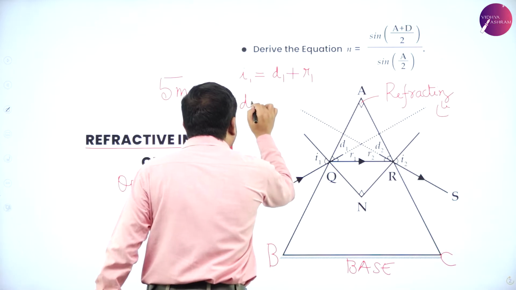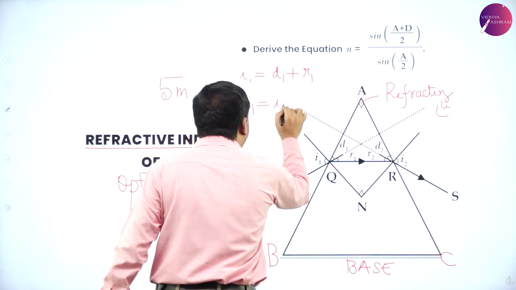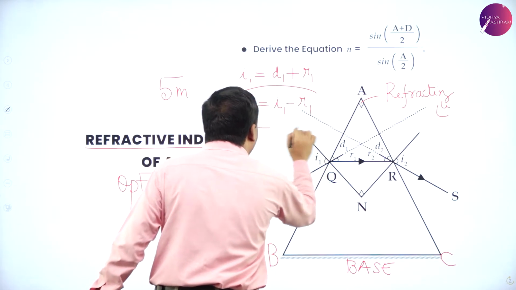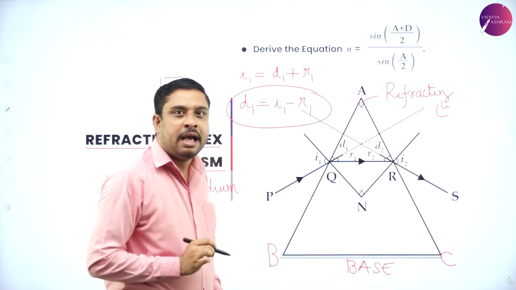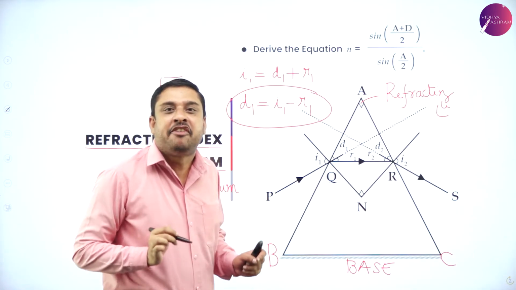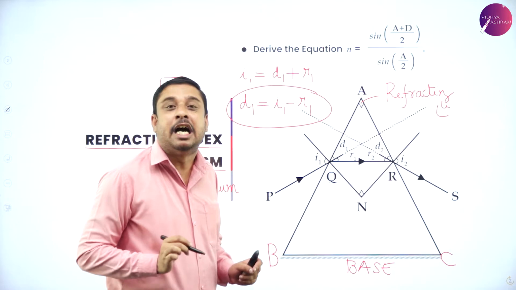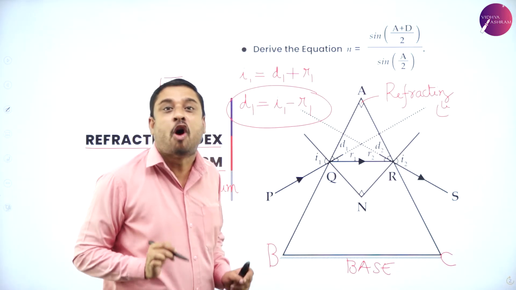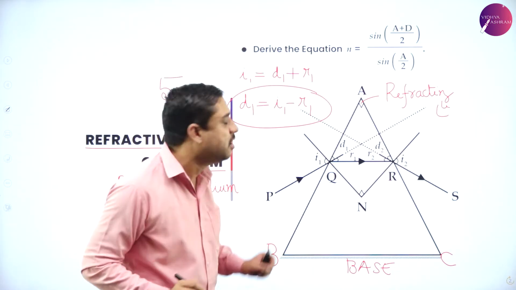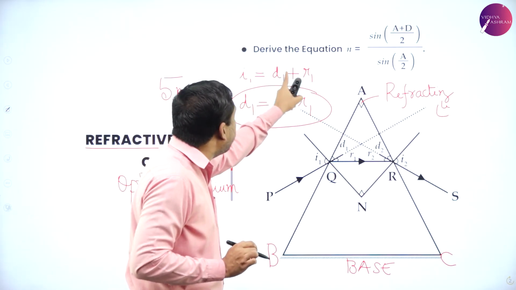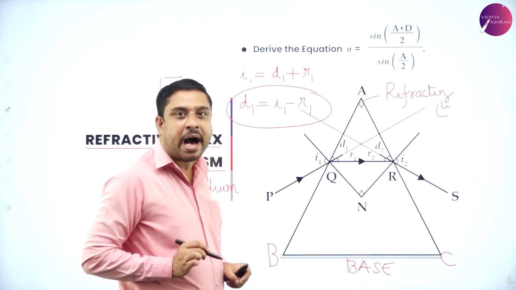So I write D1 is I1 minus R1. I am expressing the refractive index of the prism in terms of the angle of deviation. So D1 equals I1 minus R1.